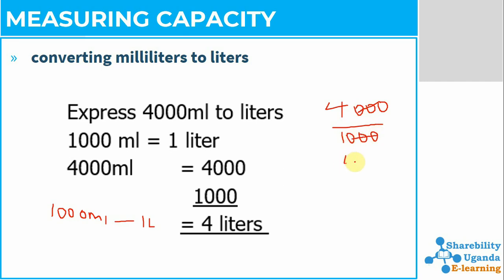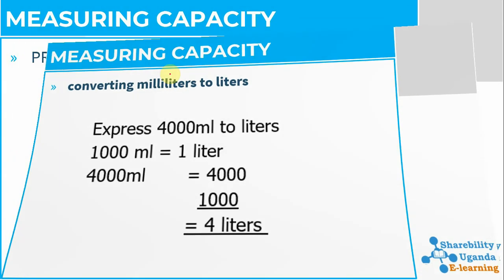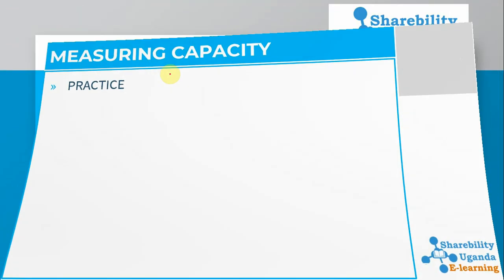Then we shall come up with 4 divided by 1, which is the same as 4. So these are going to be liters. So that is how we can change milliliters to liters.